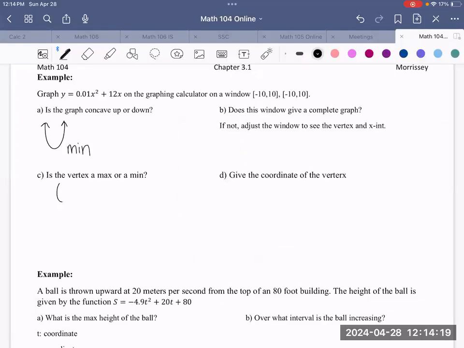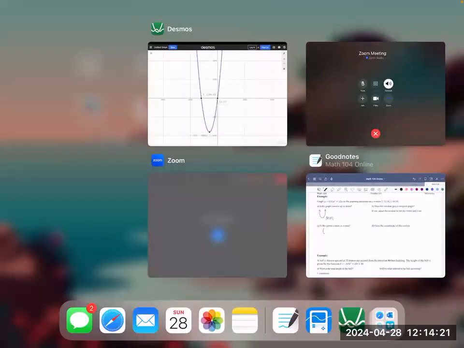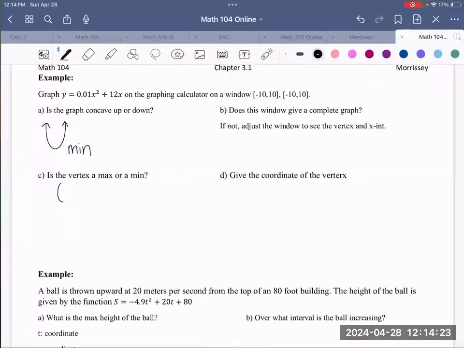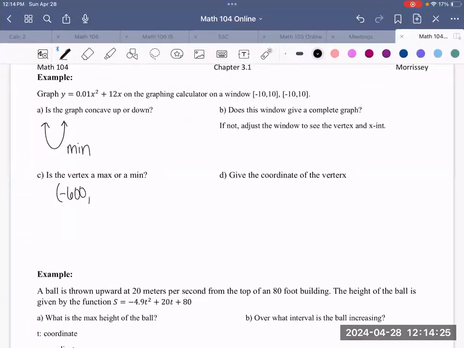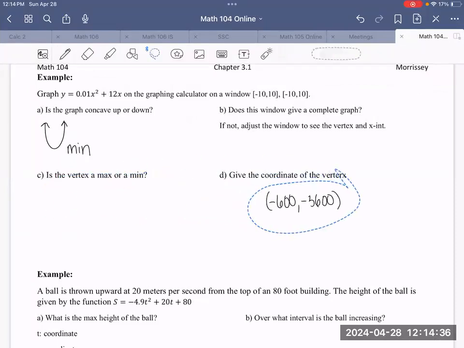Your vertex, we just saw, was negative 600 and negative 36. Good. Give the coordinate of the vertex. Oh, we just actually did that. That I'll just put over here. Minimum right here. If not, adjust the window. Oh, okay, that's actually all I wanted to ask for.